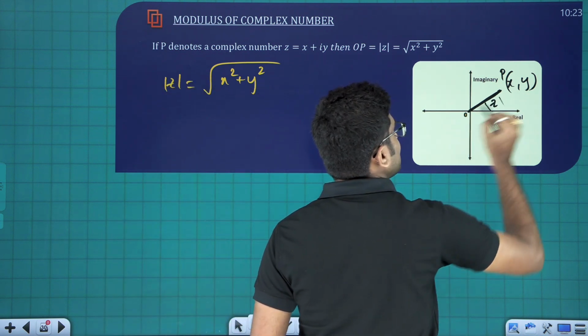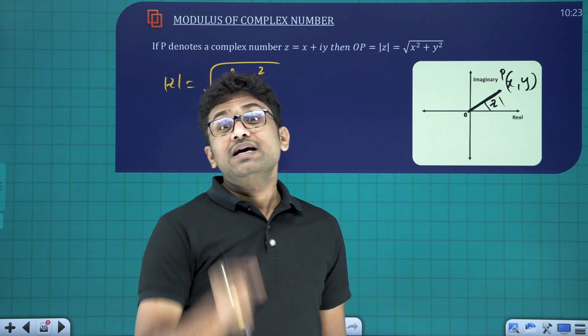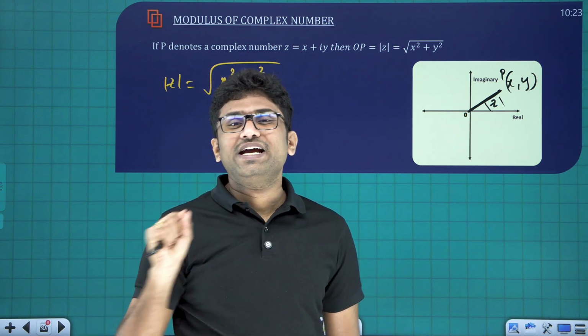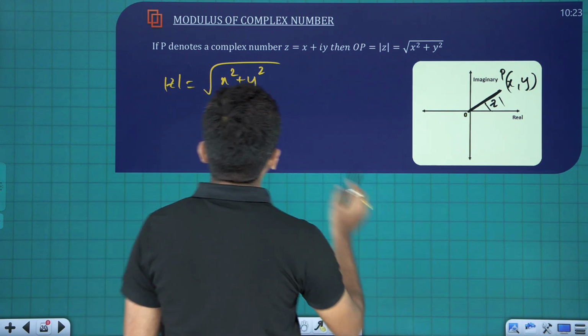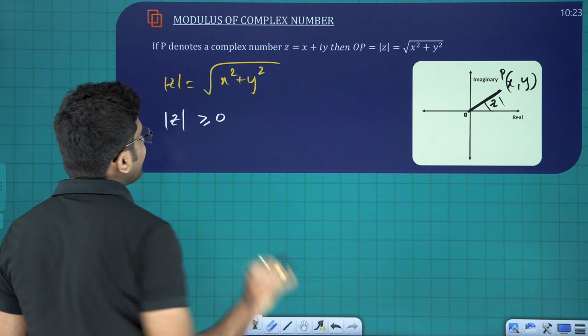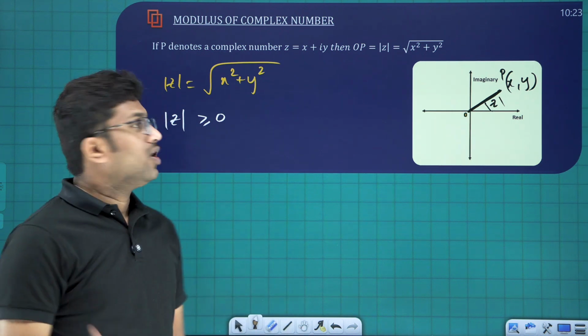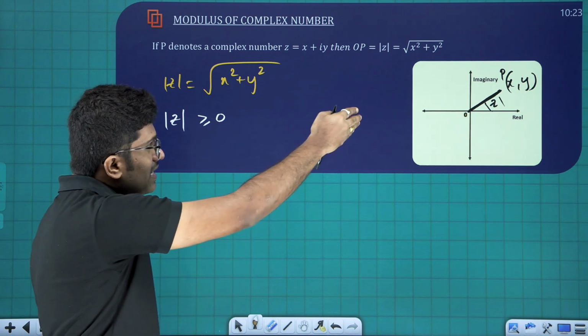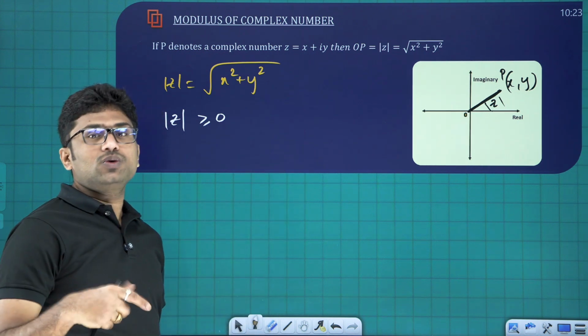So the modulus of every complex number will always be a non-negative real number. Mod z will always be greater than or equal to 0. It can never be negative because it is clearly the length of the line segment. Distance will always be real, and that too non-negative.